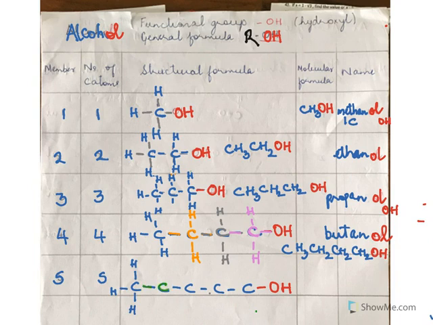Second carbon, 4 arms, 1, 2, 3, 4. So hydrogen, hydrogen. Then we have the next carbon, 4 arms, 1, 2, 3, 4. Hydrogen, hydrogen. Then we go to the next carbon, 4 arms, 1, 2, 3, 4. Hydrogen, hydrogen.